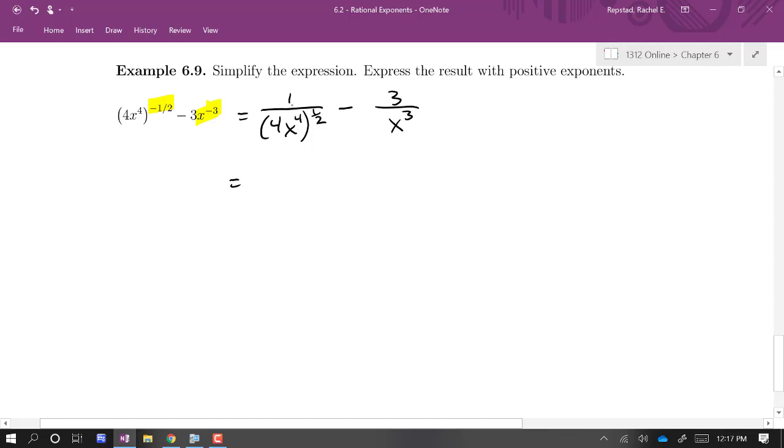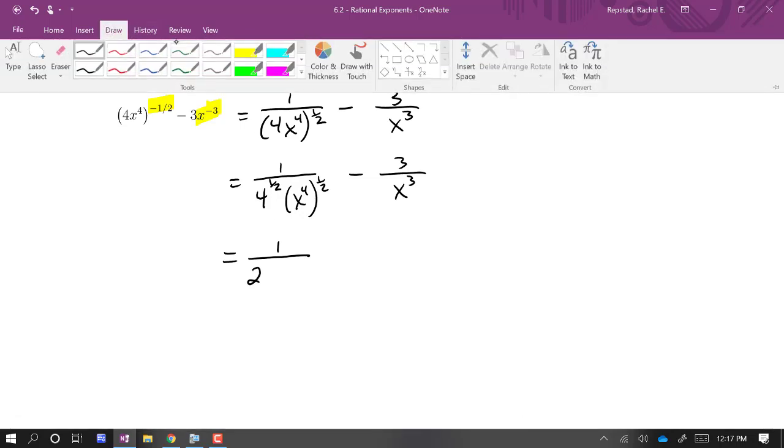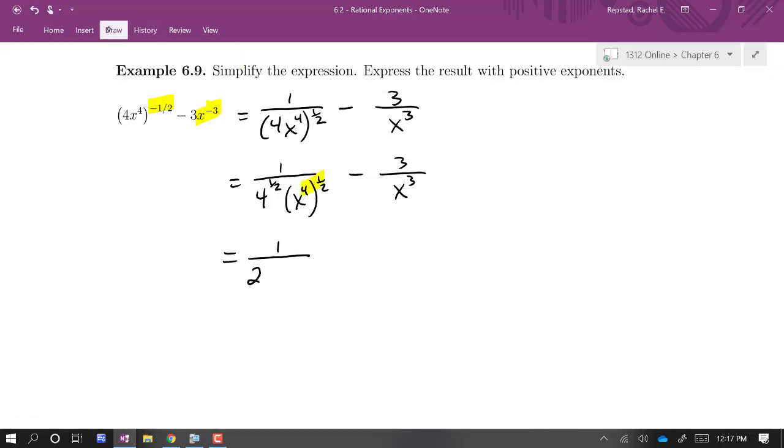I'm going to distribute that 1/2 power. Four to the 1/2, as we saw in the last example, is the square root of 4, or 2. And then we can multiply these exponents. 4 times 1/2 is 2, so that's 2x squared.